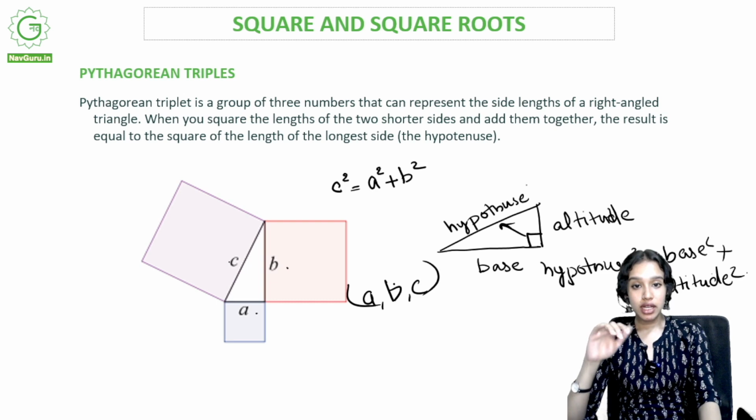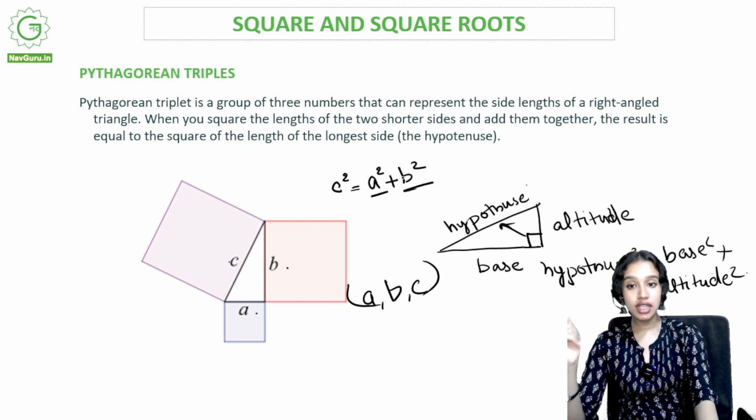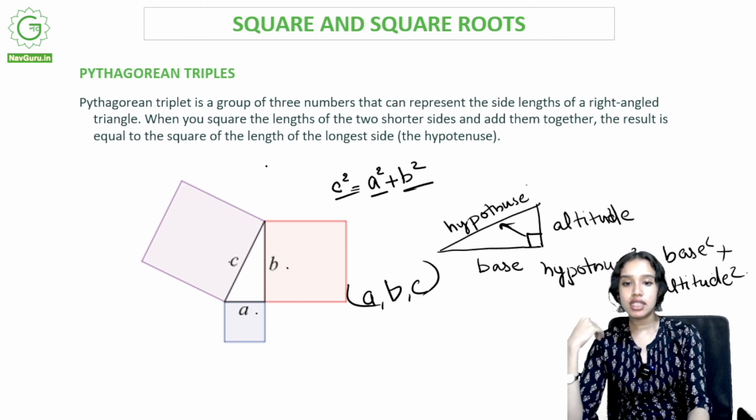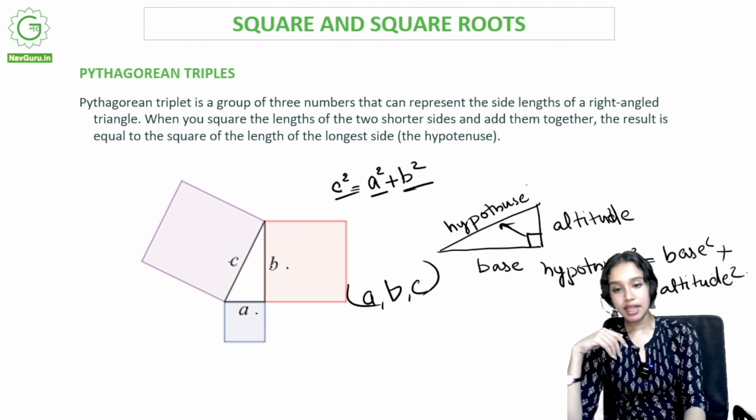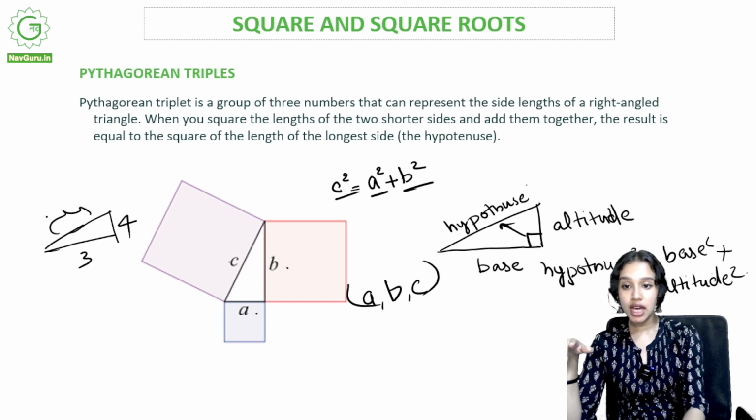When you square the lengths of the two shorter sides and add them together, that is A square and B square, the result is equal to the square of the length of the longer side, the hypotenuse, which is C square. So what is an example for this? If I am taking a triangle with base 3 and altitude 4, what would be the hypotenuse?